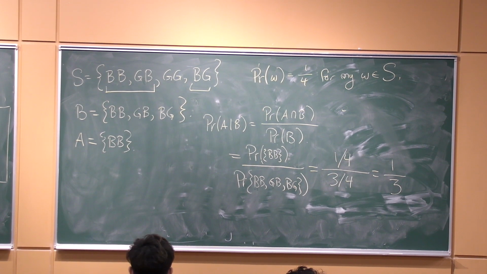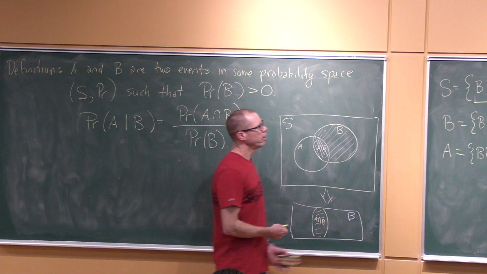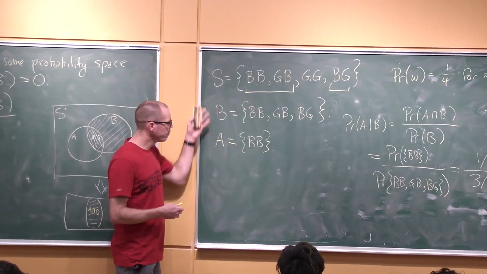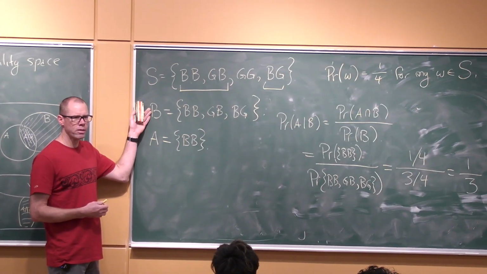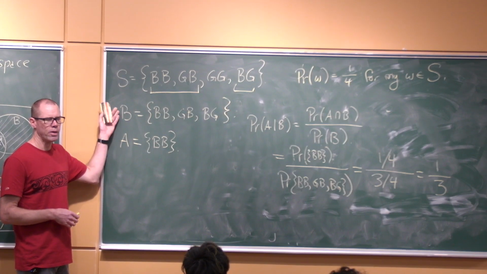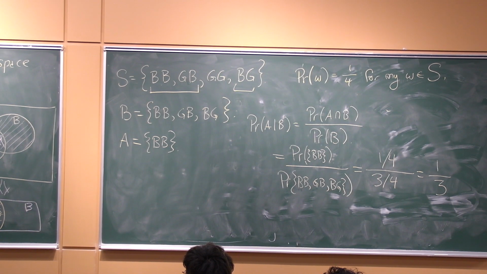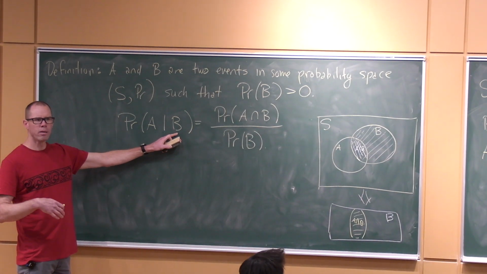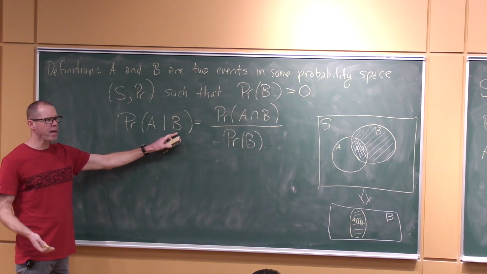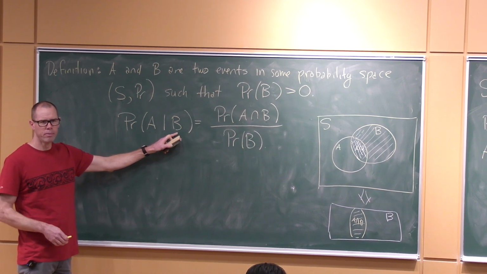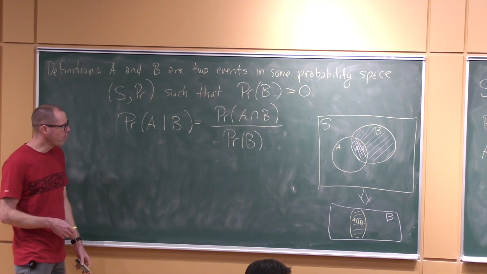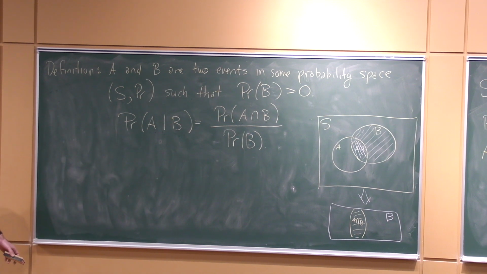So that condition, Anil has at least one boy, in this probability space corresponds to this event B. We call this the conditional probability of A given B. Even though B is an event, which is just a set, we sometimes call it a condition, just to match the way we use natural language.